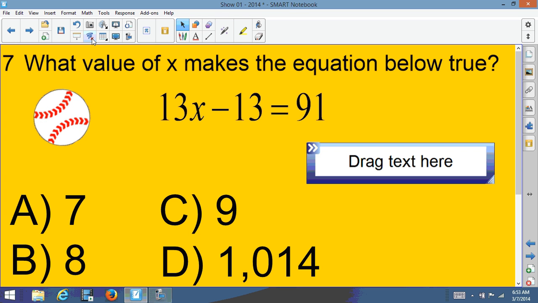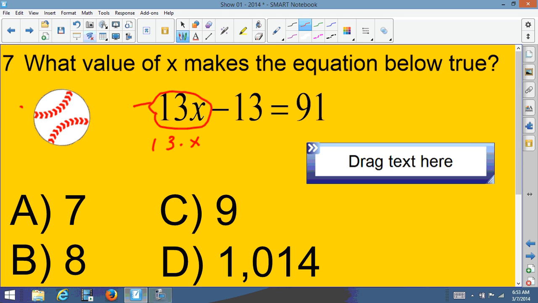So 13x is where I would start, trying to figure out what that means. 13x means 13 times a number. So I could guess and check 13 times 7 minus 13, see if that equals 91, or 13 times 8 minus 13, so I can check every number.